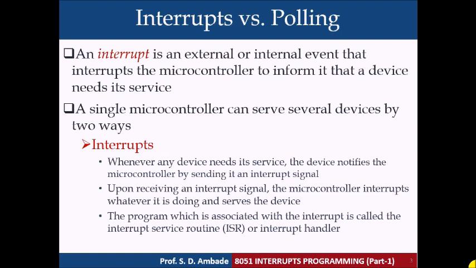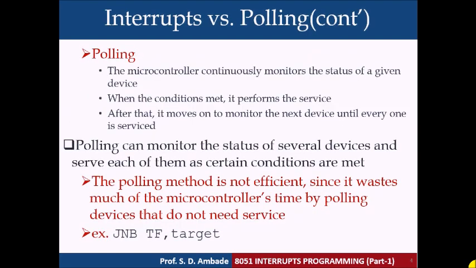Another way is polling. The microcontroller continuously monitors the status of a given device. When the condition is met, it performs the service. So it is busy monitoring the status of the device continuously.